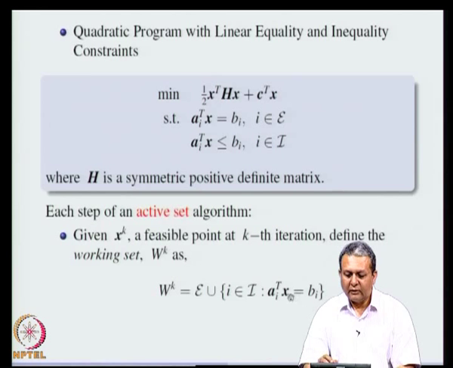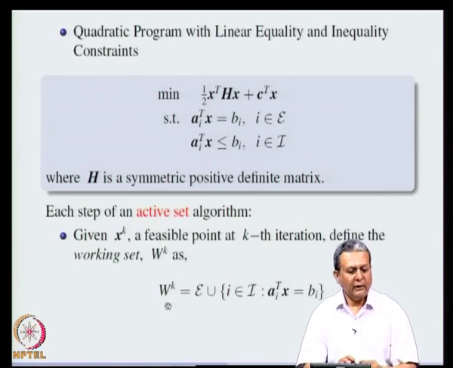So, ai transpose xk should be equal to bi. If the current point satisfies some of the inequality constraints with equality, those are combined along with the equality constraints to find Wk, and that is going to be the working set at the iteration k. At every iteration the working set varies, and the constraints which differ are the inequality constraints. The equality constraints are common for every feasible xk.